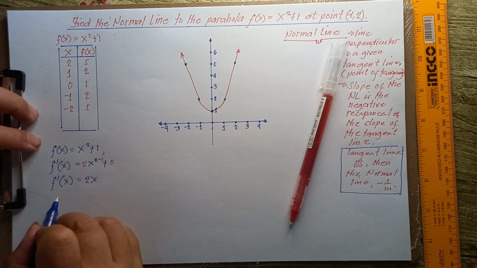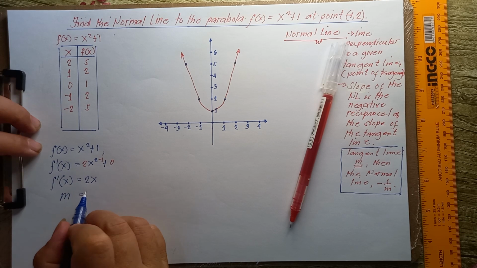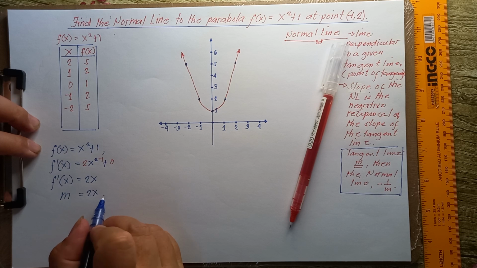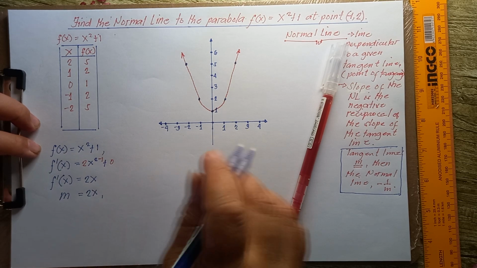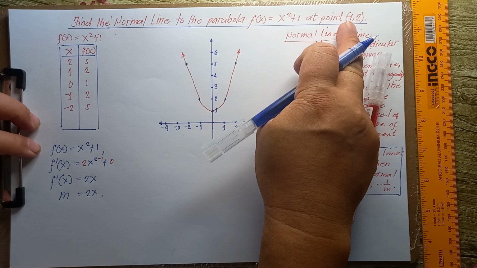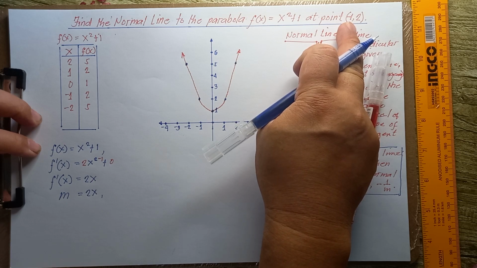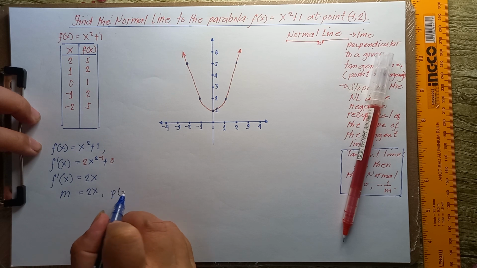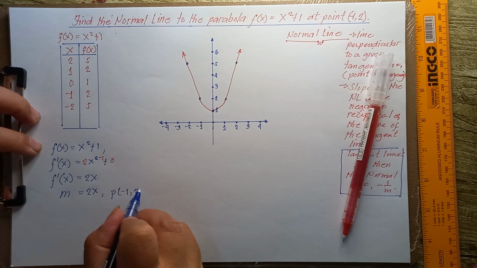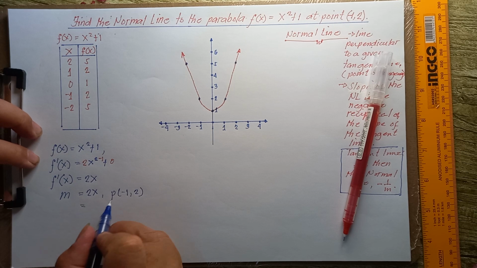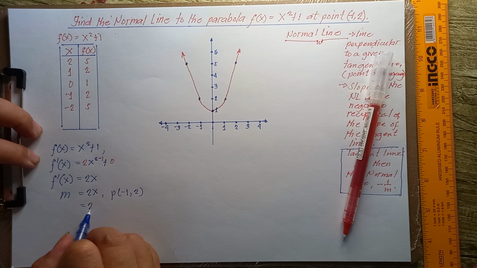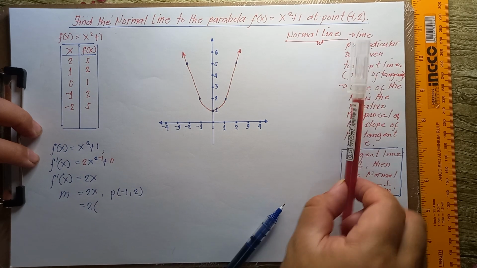And so we can now say that the slope of our tangent line is the same as 2x. What about if we consider the point of tangency? Our point of tangency is negative 1 and 2. Now you will notice we replace the x in here, so 2 multiplied by what is your x?